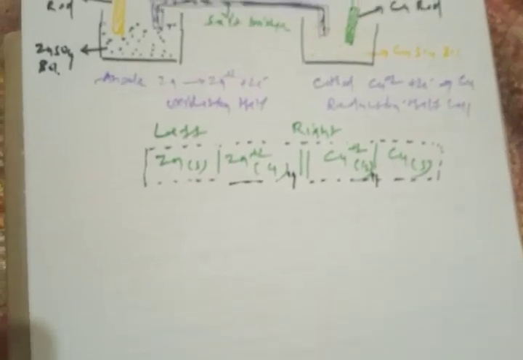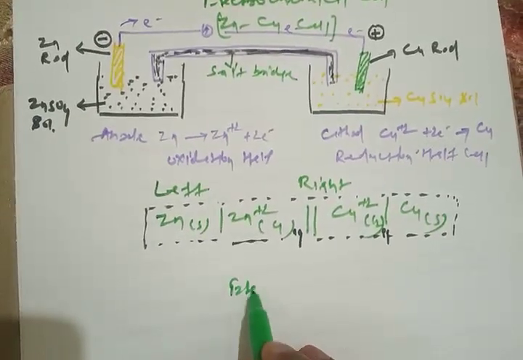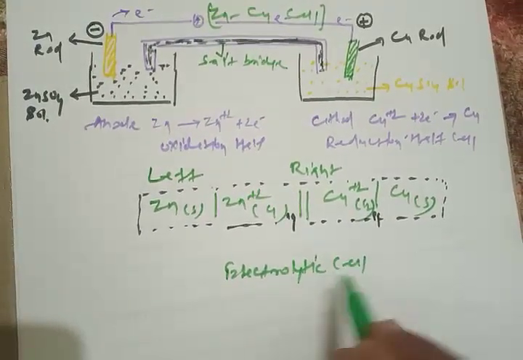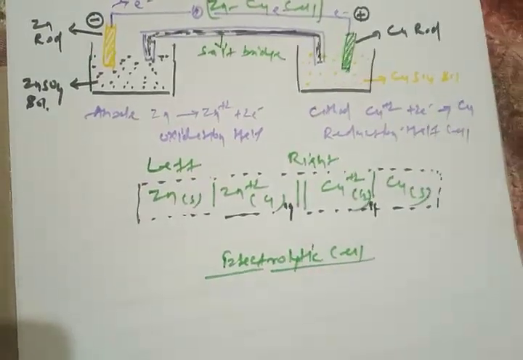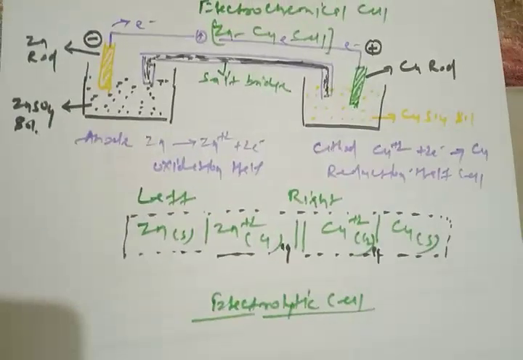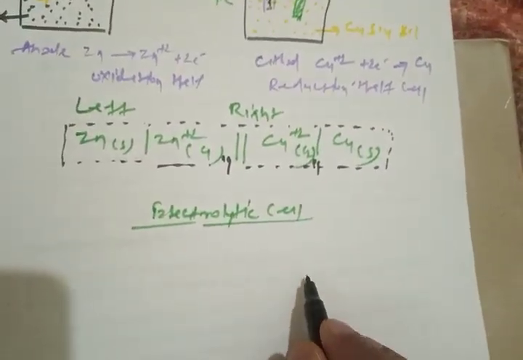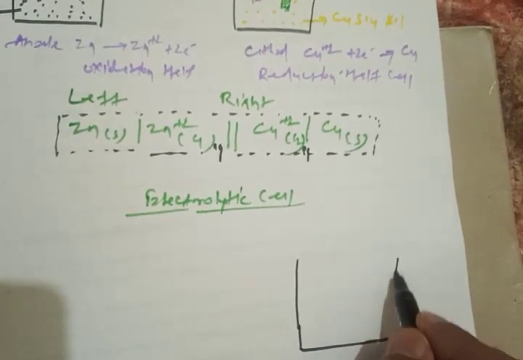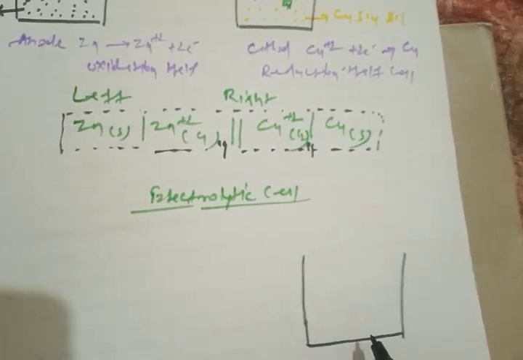Then we will talk about one more cell, the electrolytic cell. For the electrolytic cell we require only one setup, because there is no need for a salt bridge. Although there are 2 electrodes, they are in one setup only.